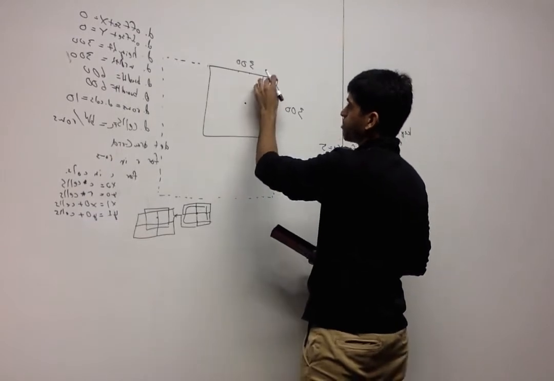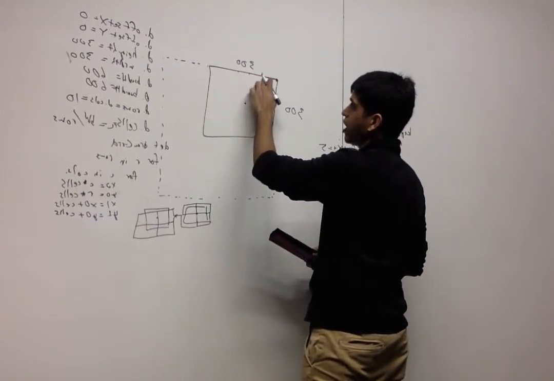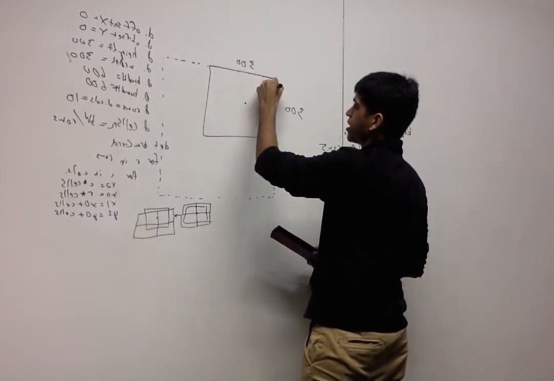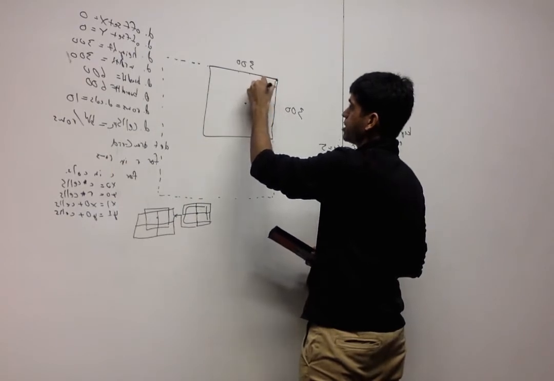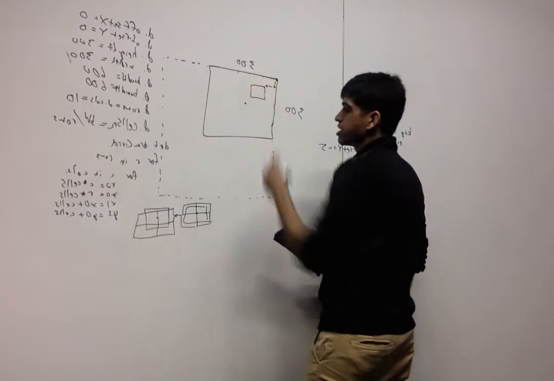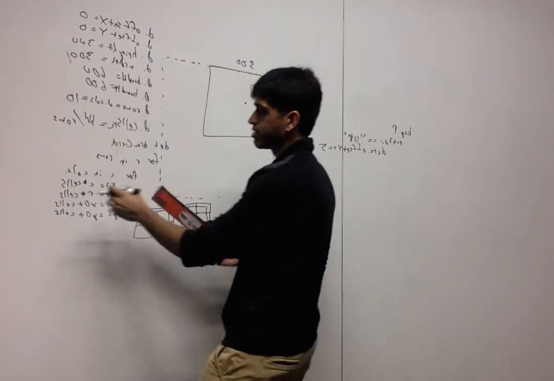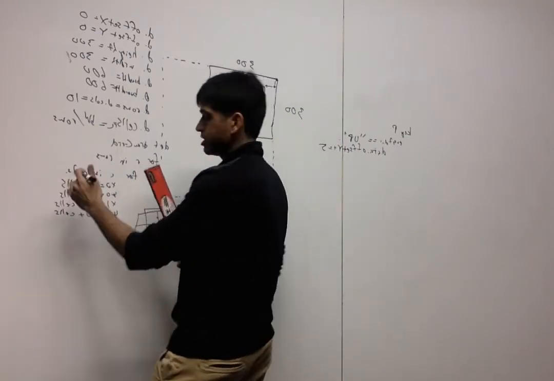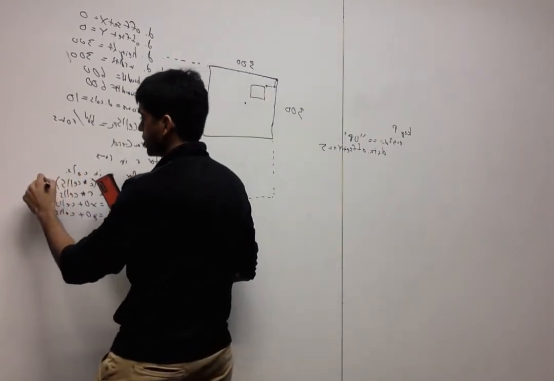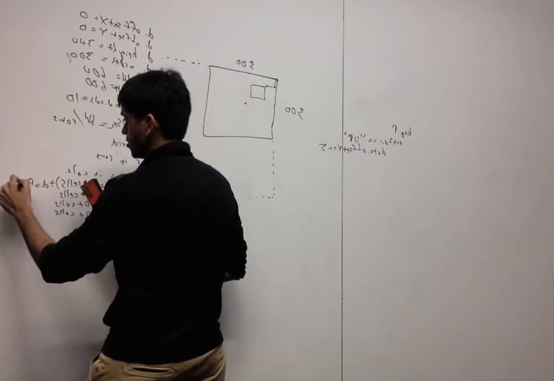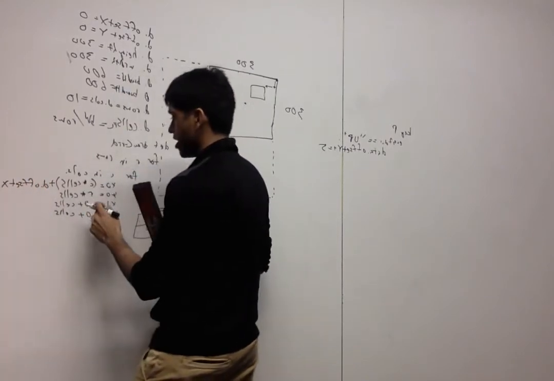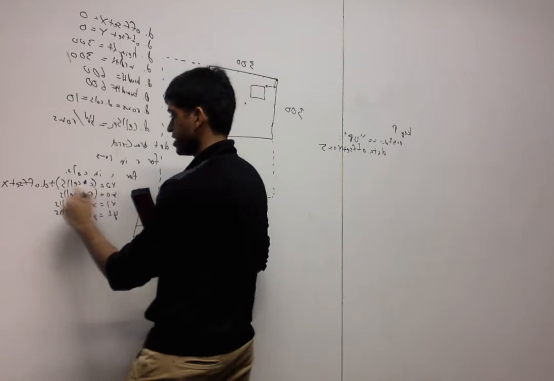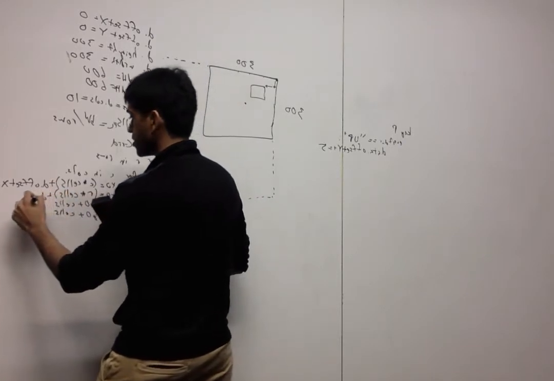Instead of this box just being here, I actually have an offset. And that offset's going to move it down a little bit and to the right a little bit and draw the box here. So in order to do that, it's basically going to be what the original x0 was, except just add in my offset. And then similarly, the y0 is going to be the same thing, but add in the offset in the y direction.